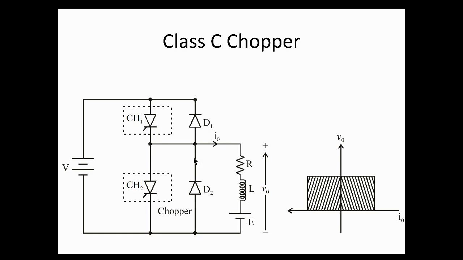And when chopper two is on and chopper one is out, you can see the E would be providing the current back through chopper two, so it will be flowing to the left. Therefore, you will get a negative current. Yes, very good.